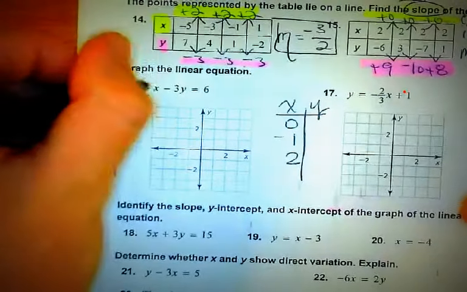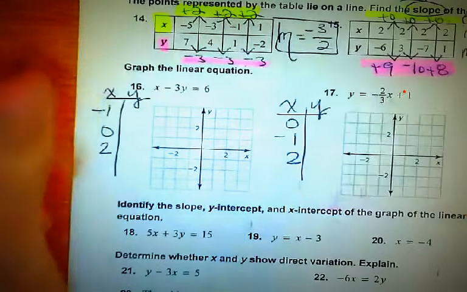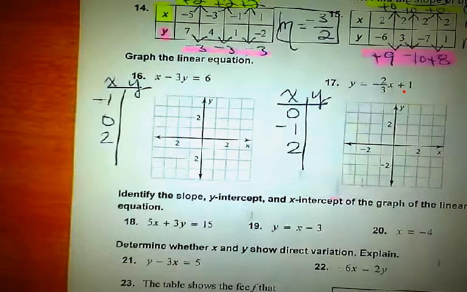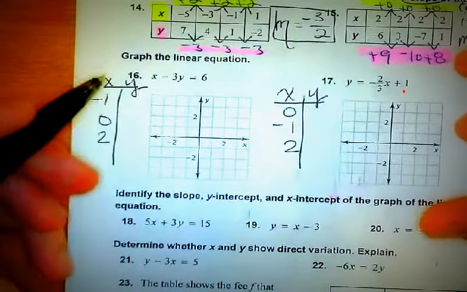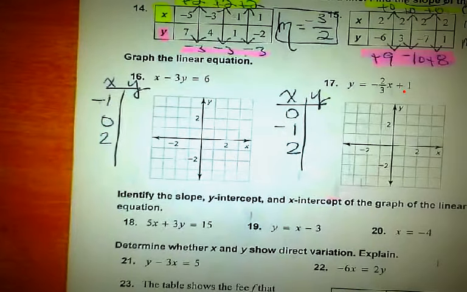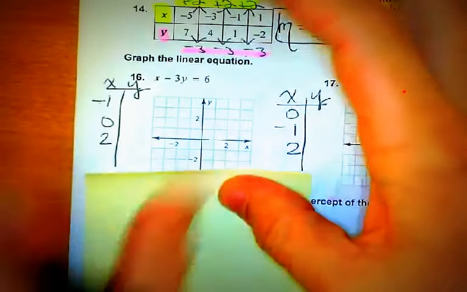So x is negative 1. So if x is negative 1, we need to just solve out for whatever this y number is going to be. So on a separate sheet of paper, I will make my equations.